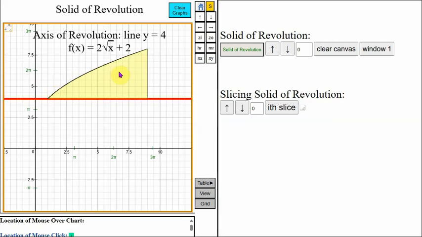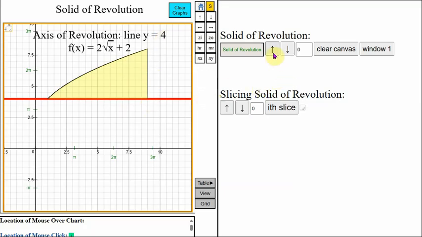And so this is the region that is bounded above by the graph 2 times the square root of x plus 2, and is bounded below by the line y equal to 4, and from 1 to 9. And we're going to revolve this region right here about the line y equal to 4.